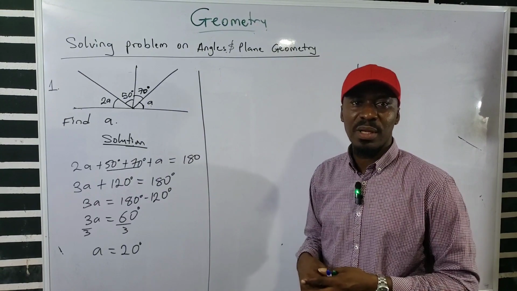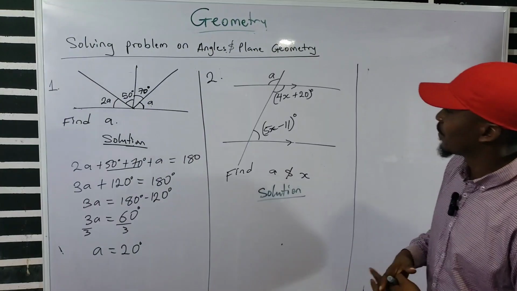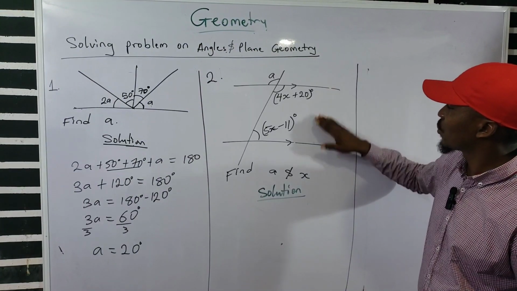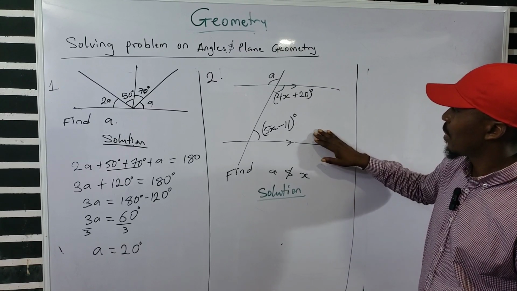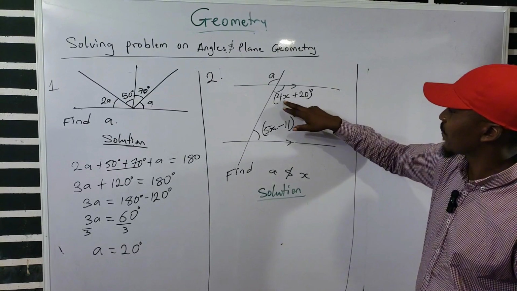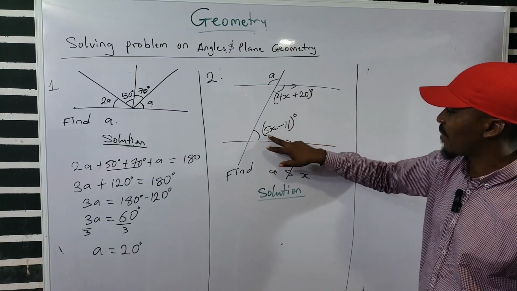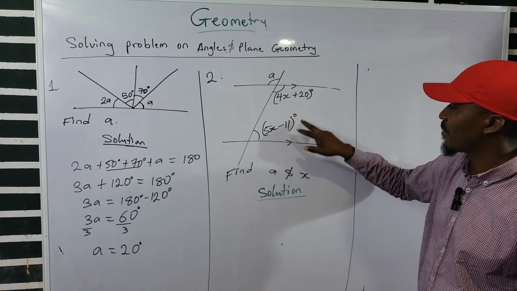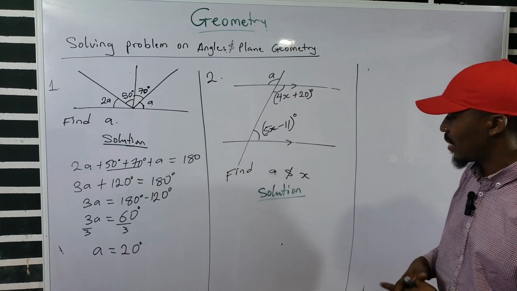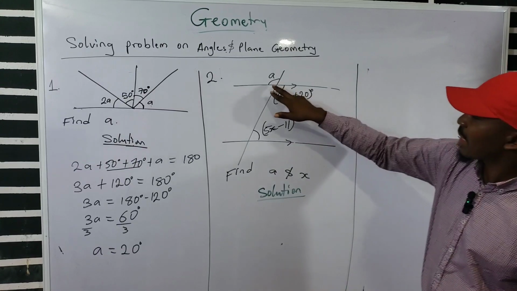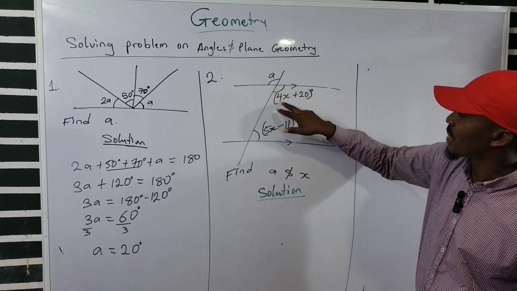Let's move to example number 2. So here we have two lines that are parallel. We have this angle as 4x plus 20 degrees, and we have this angle as 5x minus 11 degrees. Then we have here a. What are we going to do? I can see a vertically opposite angle here.